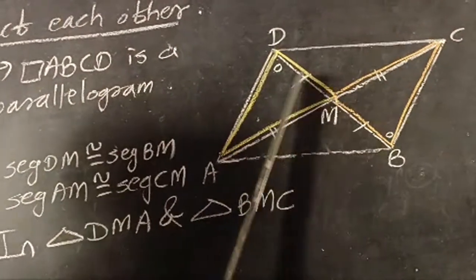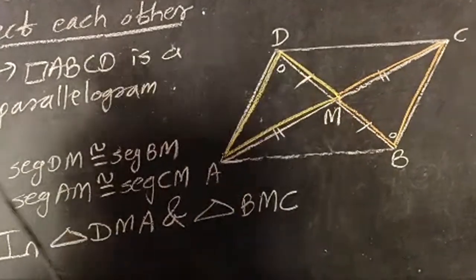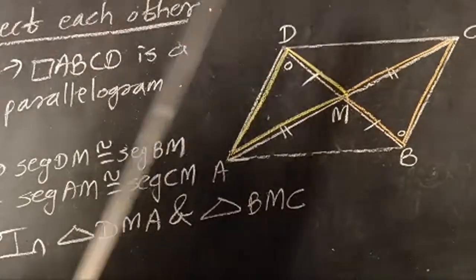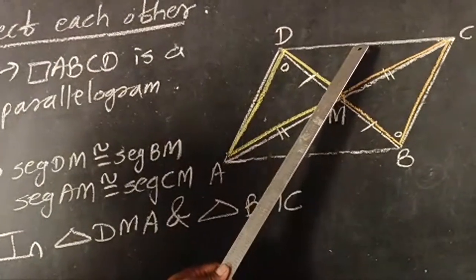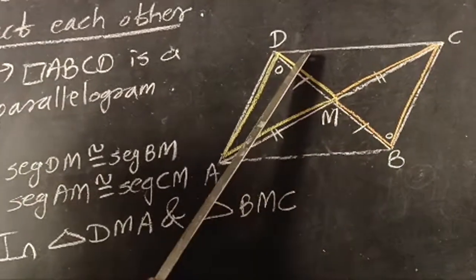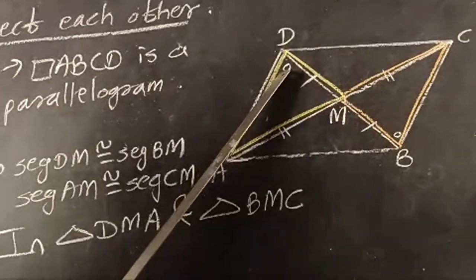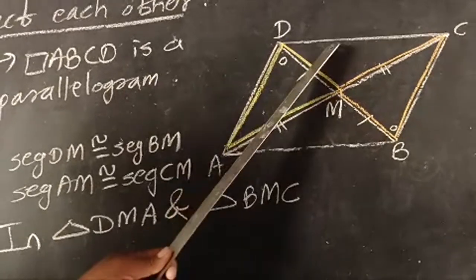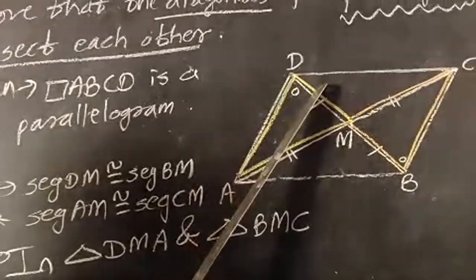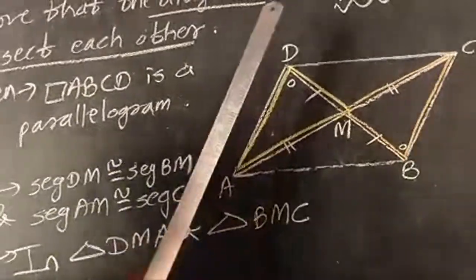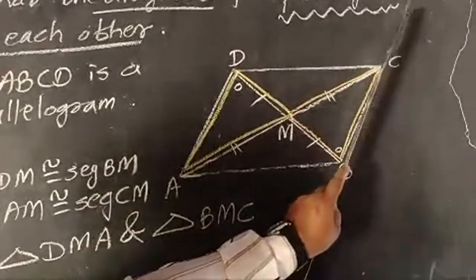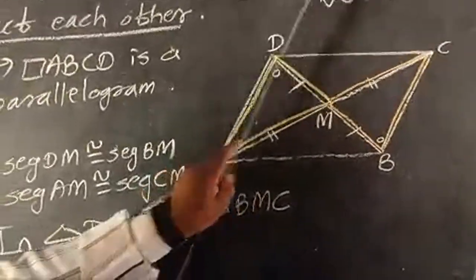Which lines are parallel? DC and the transversal making angle here, but we want here, and you tell here. That is wrong. Line AD and line BC are parallel. Why are these lines parallel?